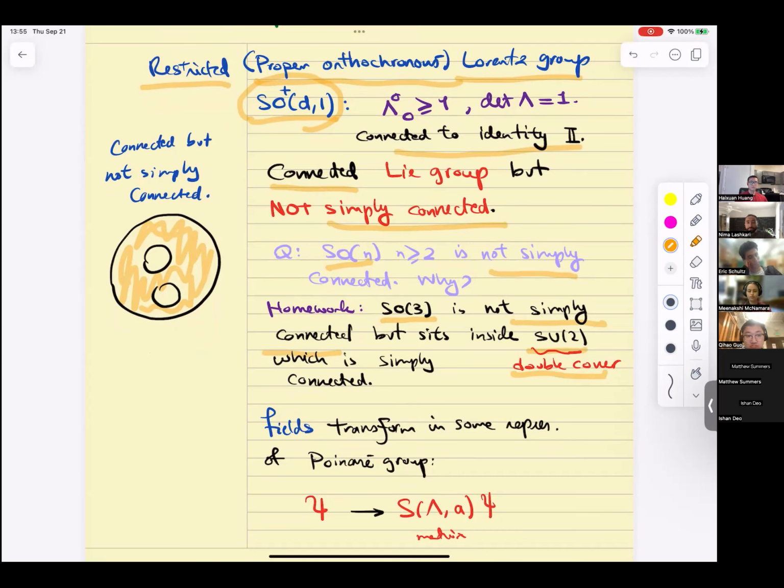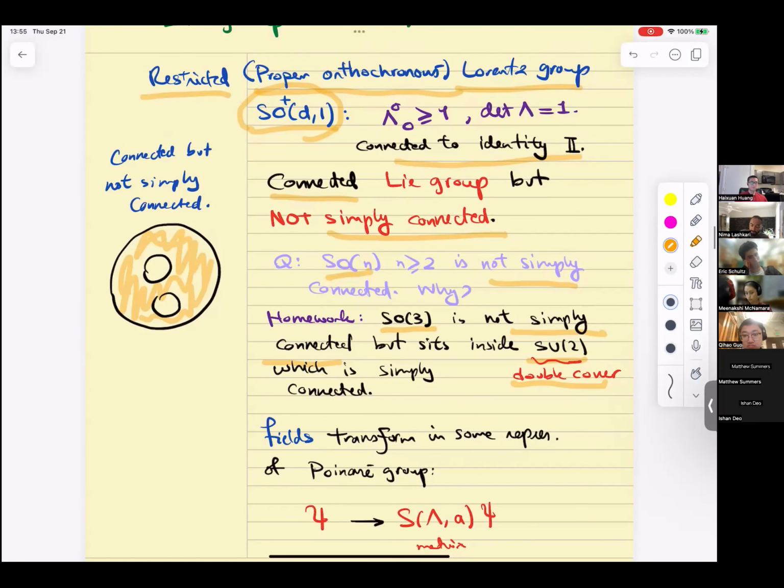But this mathematics I'm going over is essential because it's going to explain to you what spinors are. This part was quick. We're going to come back to this, okay? So I just wanted you guys to remember that SO3 or SON comma 1 is not simply connected. Just remember that. You don't even need to remember what simply connected means.